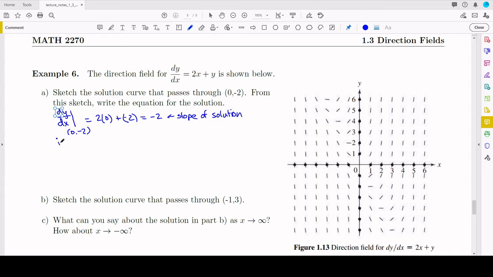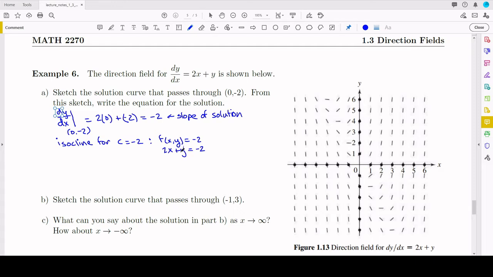Now, let's take a look at the isocline for c equals negative 2. So remember, we're going to take a look at f of x, y equals c, and c equals negative 2 here, and our f of x, y is 2x plus y equals negative 2.